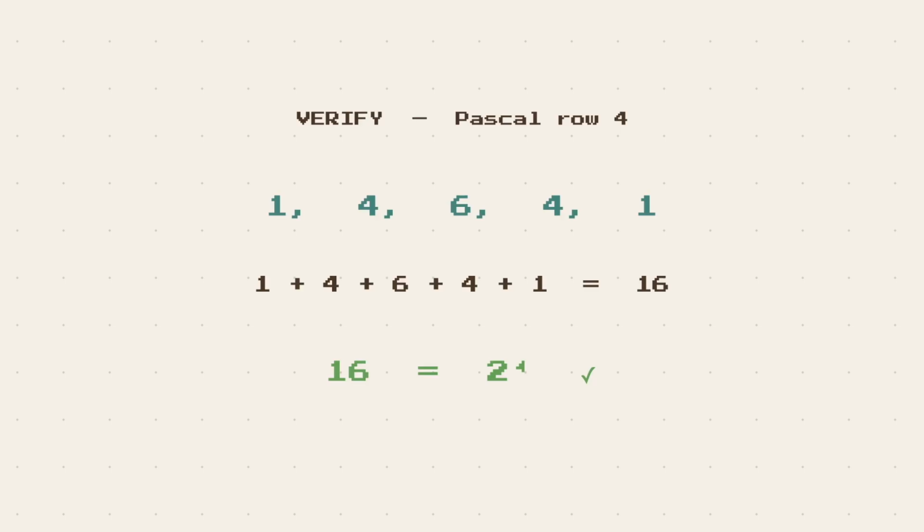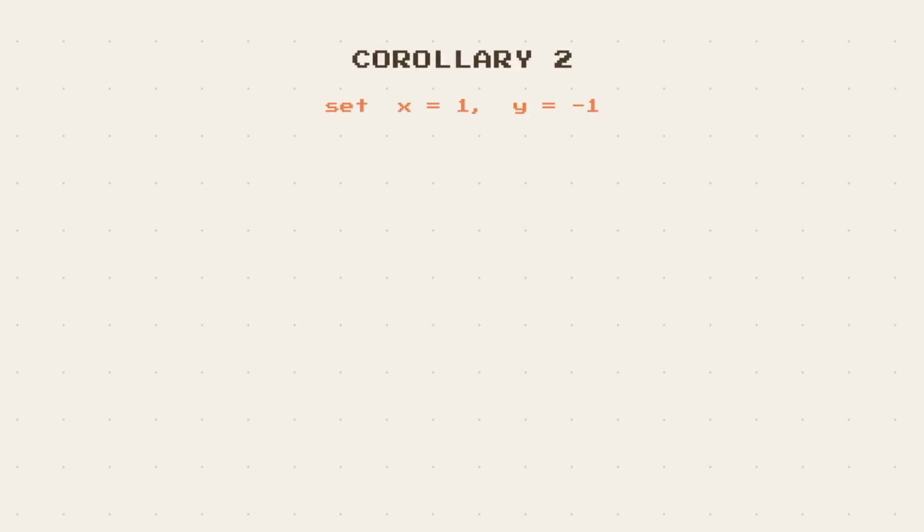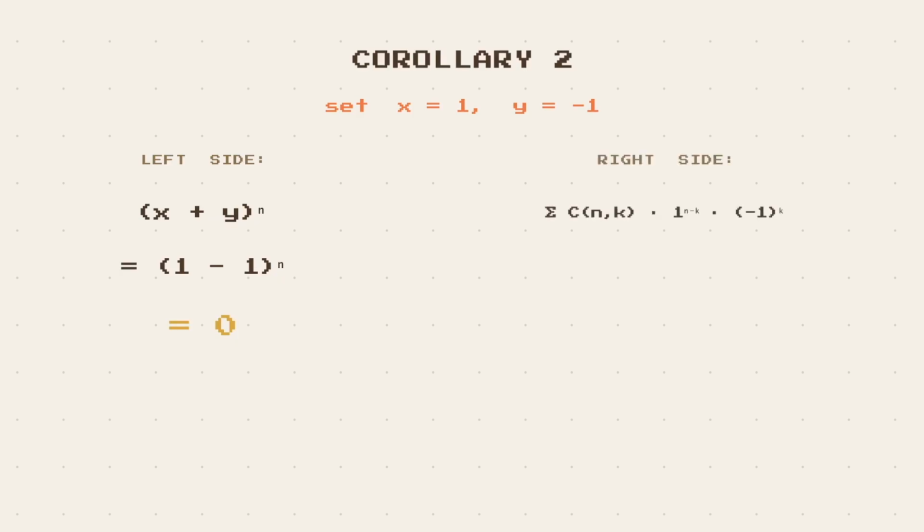Okay, now let's take a look at corollary 2. So now set x equals 1 and y equals negative 1. So the left side is (1 minus 1) to the power of n, which becomes 0 to the power of n, which is basically the value 0. Now on the right hand side, the x terms are still 1, but the y terms alternate because of k.